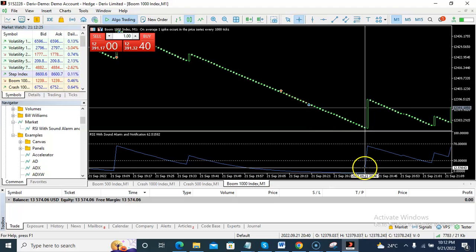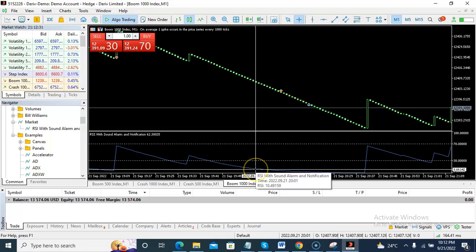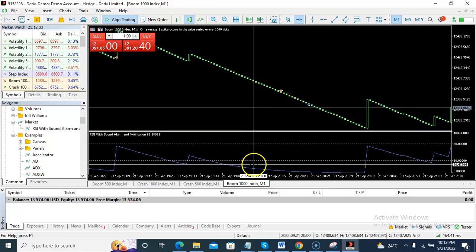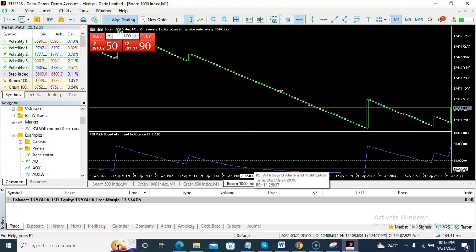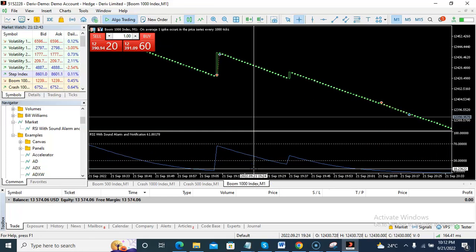The spike occurred many minutes after the conditions were met. So like I said, make sure it's 10 candles max. If the spike doesn't occur, exit the trade. Of course, there's no strategy that is 100% in the forex industry. Let me show you another signal about this strategy.